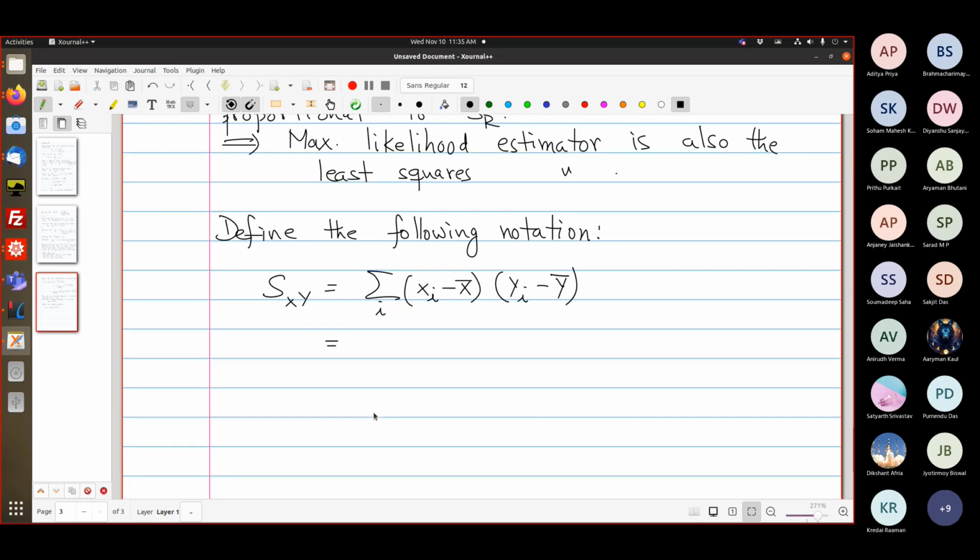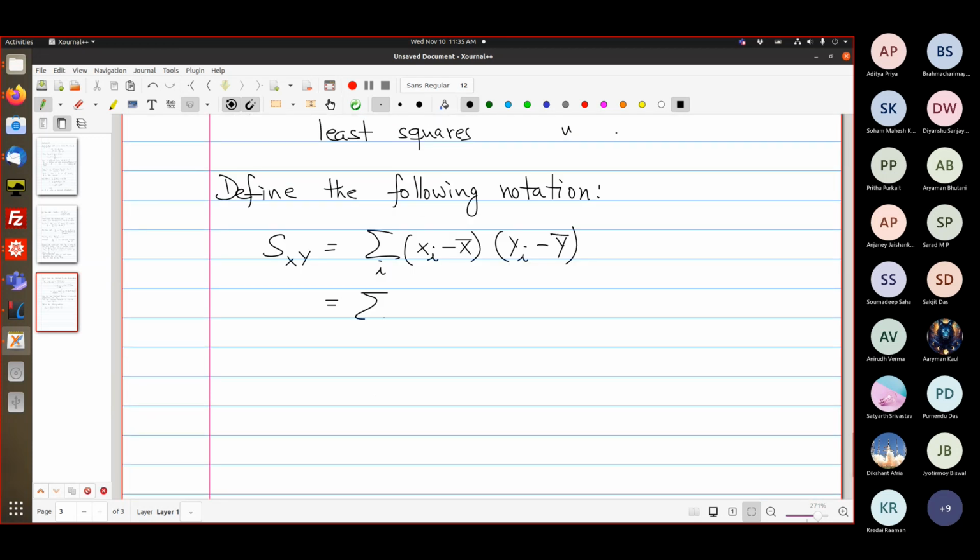And this we have shown to be equal to the sum over i of xi yi minus n x bar y bar. I hope you see how to get this. The first term will give you this, and the last three terms will all give you this. Two come with a negative sign, one comes with a positive.